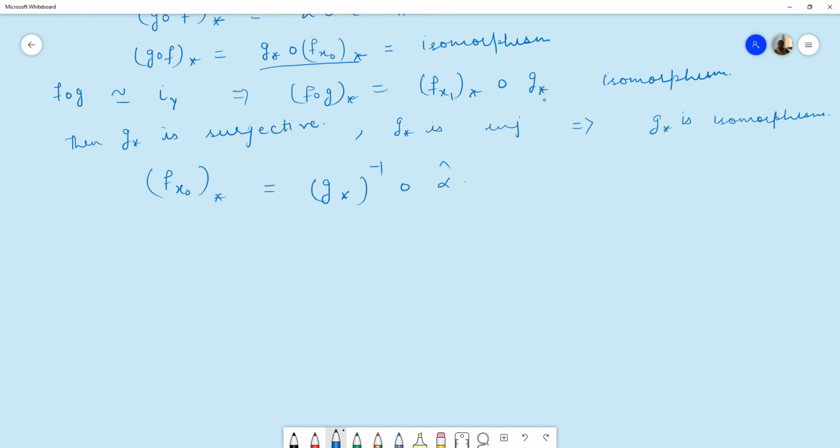This alpha cap is an isomorphism, so the composition of two isomorphisms is also an isomorphism. So F_x0 star is an isomorphism. It means pi 1 (X, x0) is isomorphic to pi 1 (Y, y0), and this we wanted to prove.